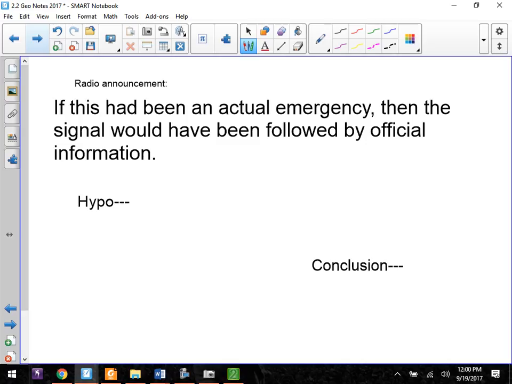Exactly. It is quite literally take the first part, hypothesis, take the second part, conclusion. There's no guesswork here. There's no making things up. Hypothesis: if it was an emergency. Conclusion: official information would have followed. That's really all this is. There's no real ambiguity to this.